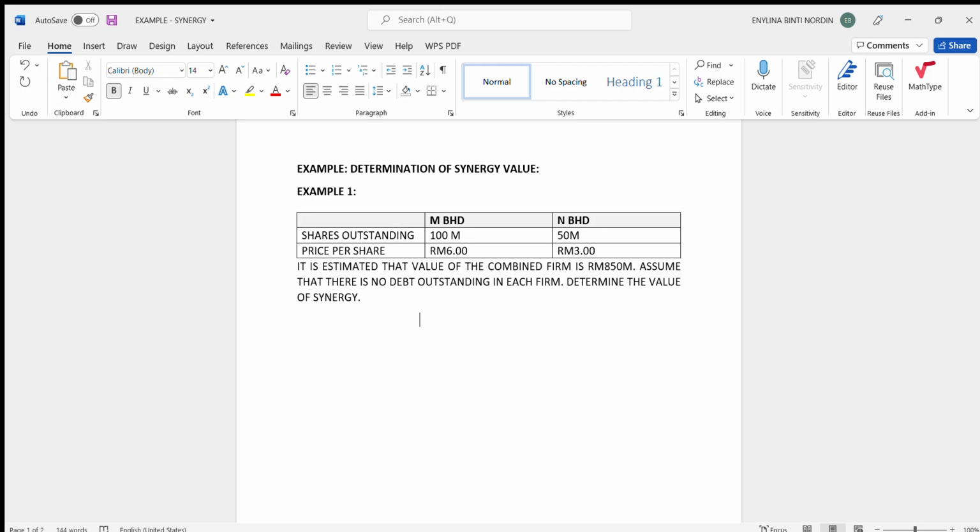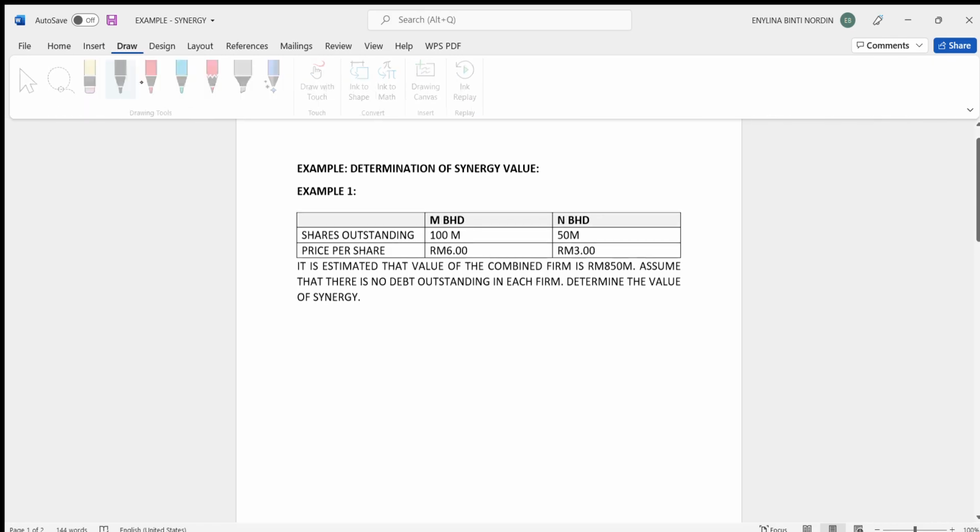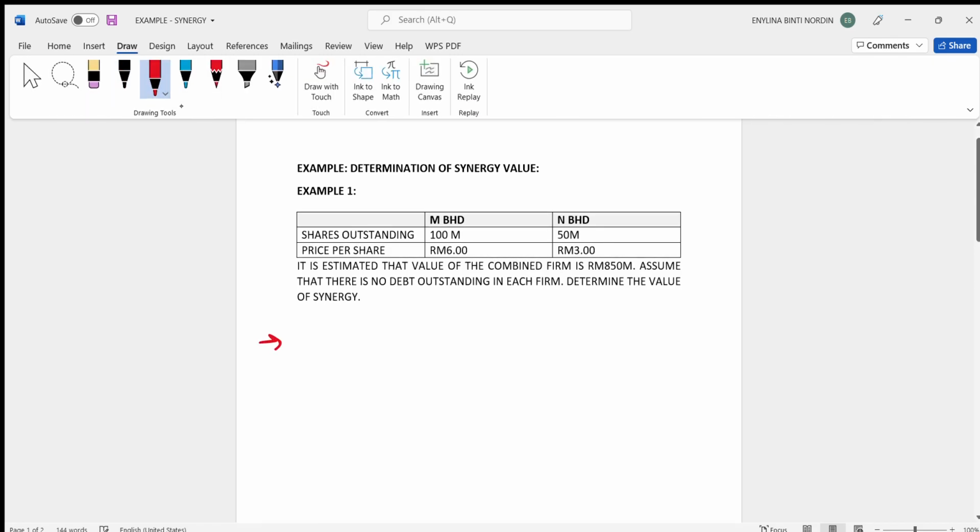Let's say M is the acquiring company, and Amber Heart is the target company. If M and Amber Heart combine, let's say the value of the combined firm is named MN. It is expected that the value of the combined firm is going to be 850 million ringgit.